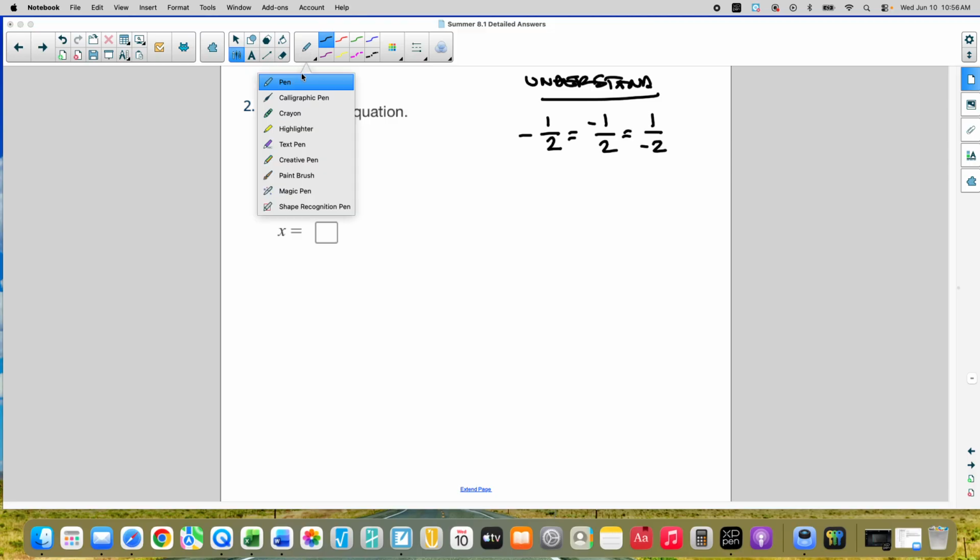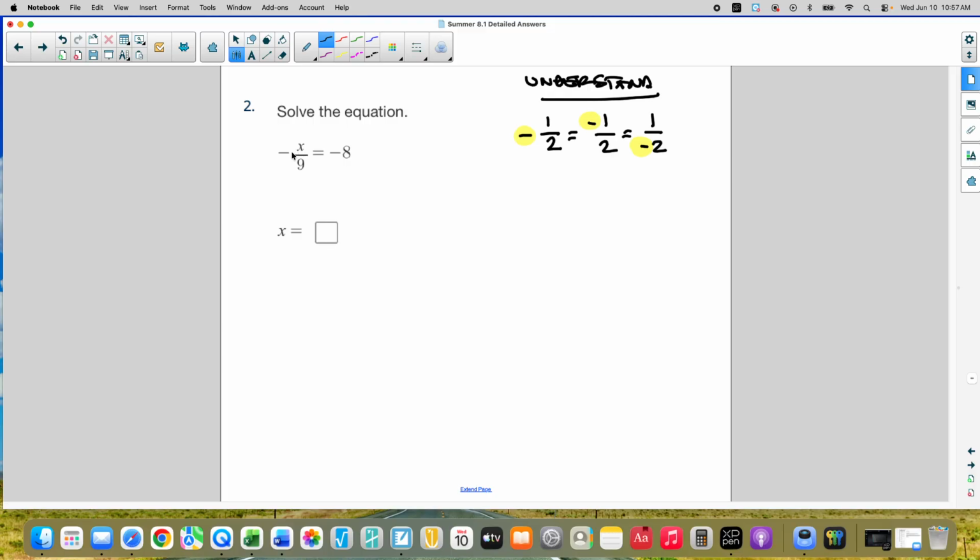It doesn't matter where the negative sign is, if it's outside, if it's in the numerator or in the denominator. They are all the same. So if it's in the denominator, we can move it to outside. If it's in the denominator, we can move it to the numerator. If it's in the numerator, we can move it to the denominator. A negative sign just tells us direction. That's all. So it doesn't matter if it's here, it's still left 1/2. Doesn't matter if it's in the denominator, it's still left 1/2.